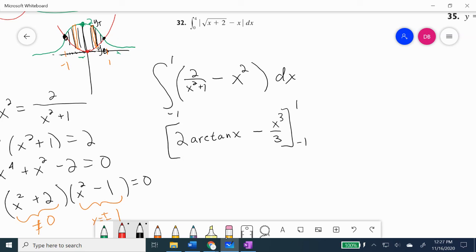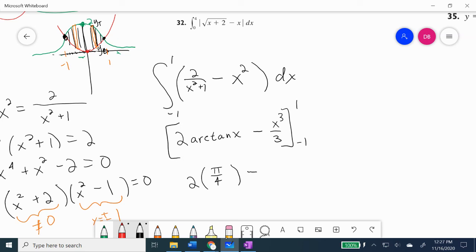Plugging in the 1, I have 2 times inverse tangent of 1. The answer to an inverse trig function is always an angle, so it's what angle gives me a tangent answer of 1, and that would be pi over 4, within the domain of the angle range that arctangent is allowed to be.